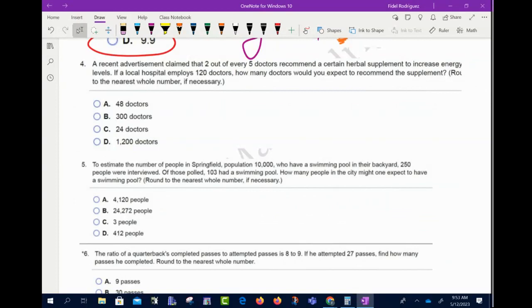First thing I look at is 2 out of every 5. So these are the doctors, right? And out of those 5 doctors, 2 of them are the ones that recommend whatever it is that they're telling you to take.